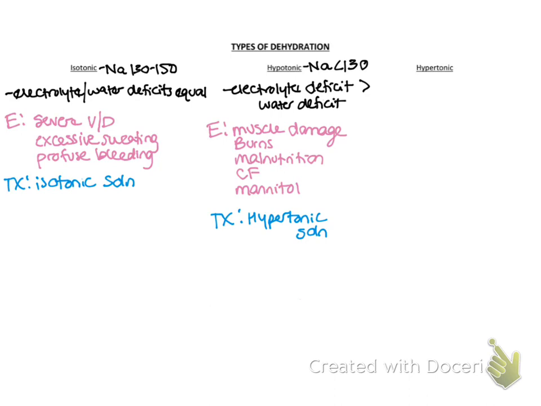So, give me an example of a hypertonic solution. D5.5, D10W, 3%, right? D5 normal saline, D5LR.